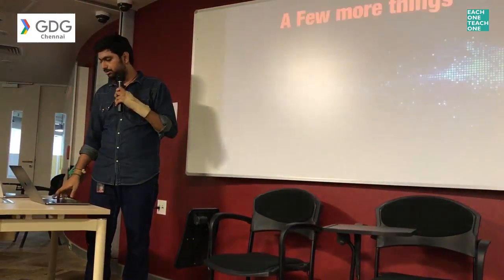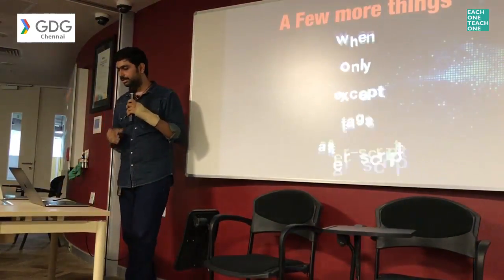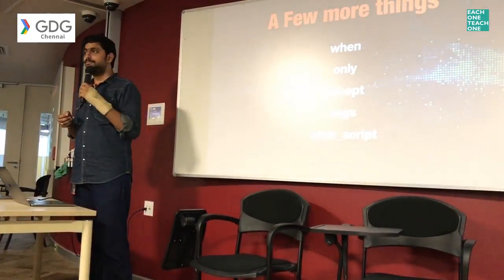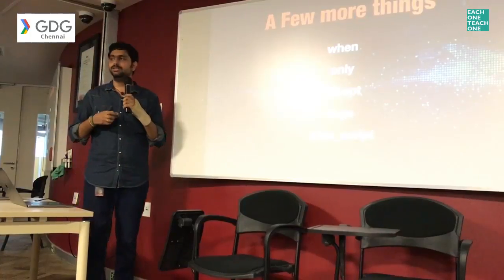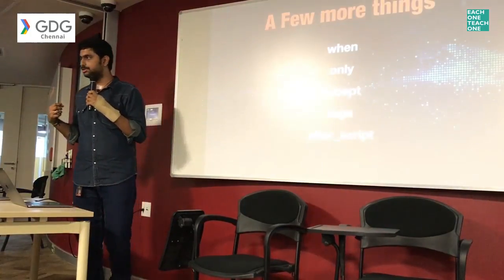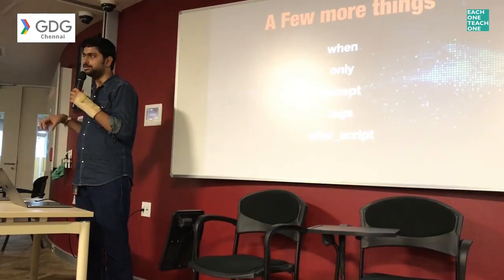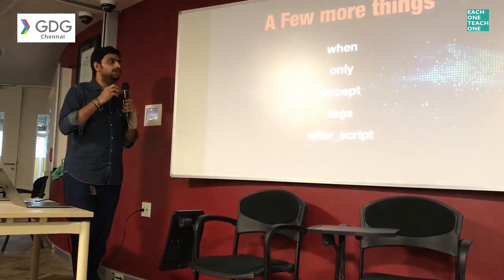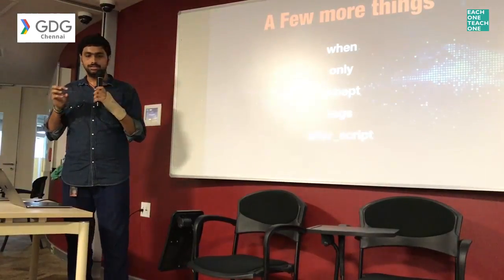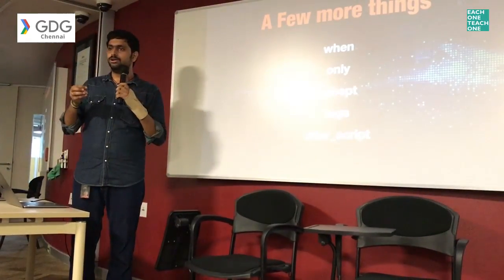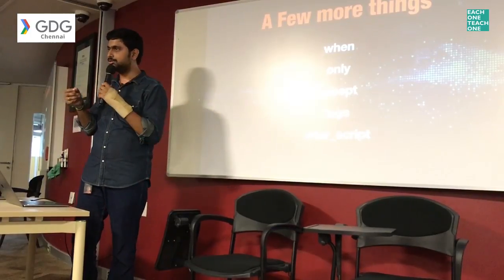In addition to this, YAML provides a lot of other things. There is something called when, which you can specify. All the jobs are sequentially executed: once the build is executed, you can execute the test and then the functionality test. Instead of that, you can make a job to be executed manually, or only on the master branch or in the dev branch.